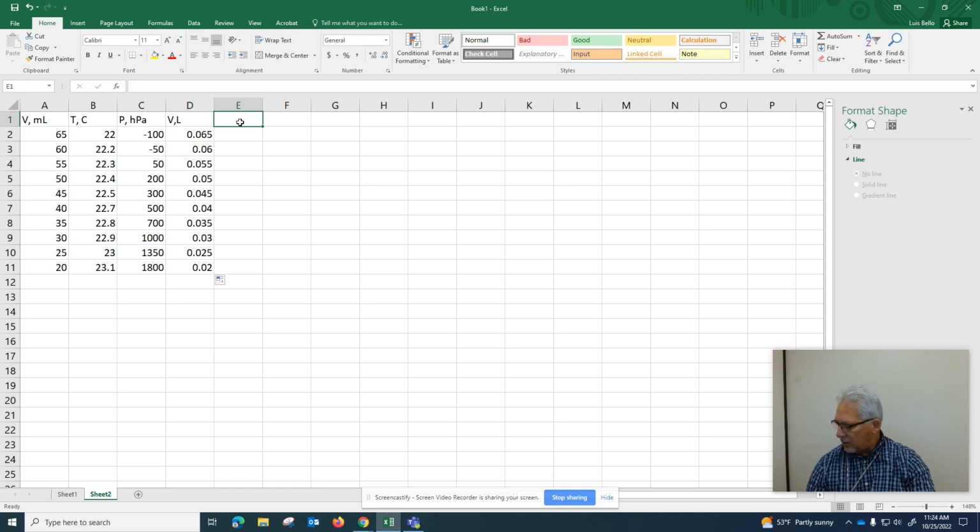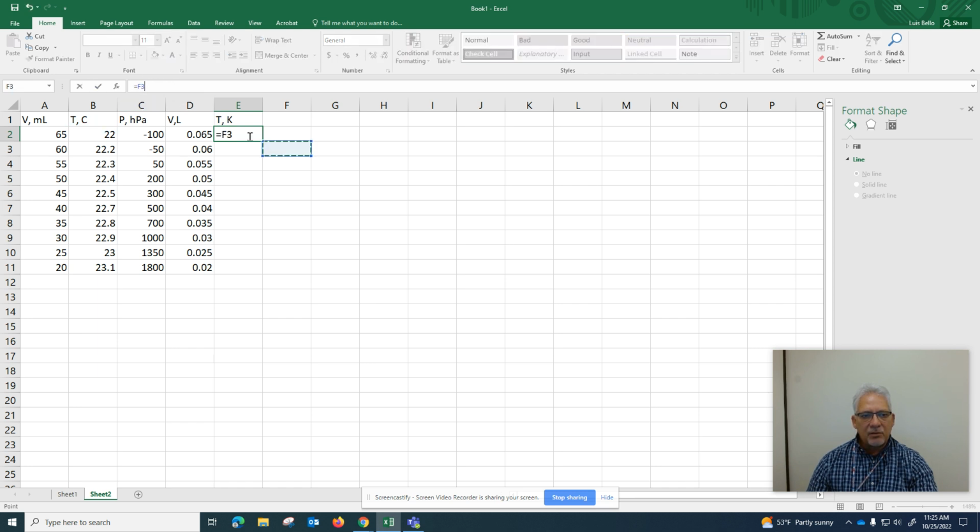The next calculation is converting temperature from Celsius to Kelvin. I just want to remind you that we'll be adding 273 to the Celsius, so I will do the same thing: equal temperature plus 273 and hit enter. Let me see if I did that right. Yes, B2 is the column for temperature, and when you add 273, that's the equation.